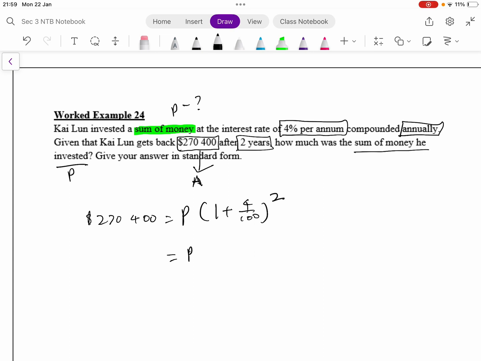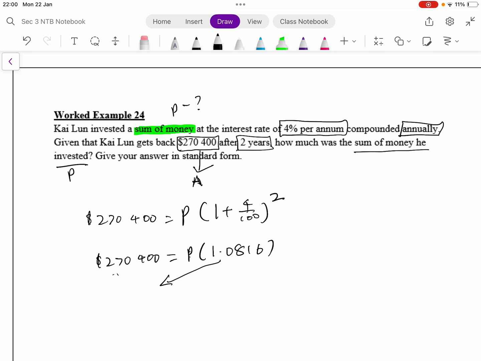So P bracket 1.0816 equals 270,400. In order to find P, we need to bring this over to this side. So this is P times 1.0816.